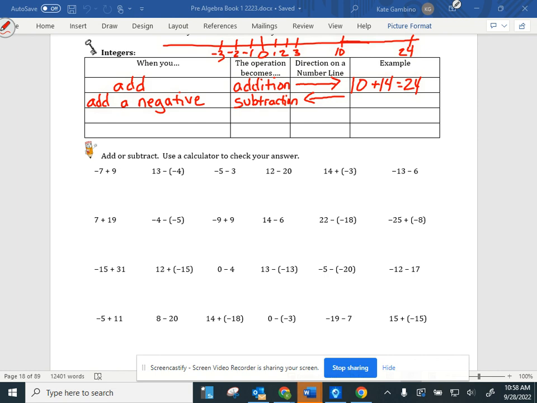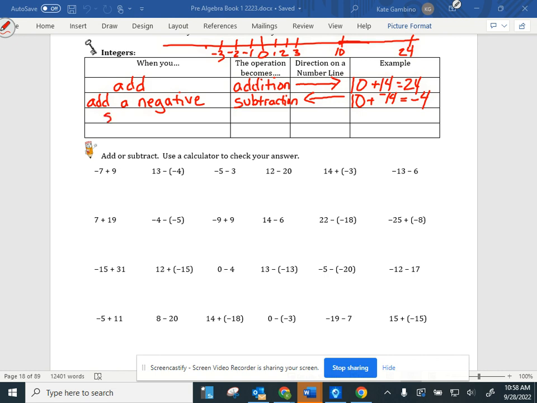So an example of this would be 10 plus negative 14. So I would start at that 10, but I'm adding a negative 14, so I'm going to the left. I'm going to subtract 14, and I'm going to end up at negative 4, because I'm going to the left with that negative number.